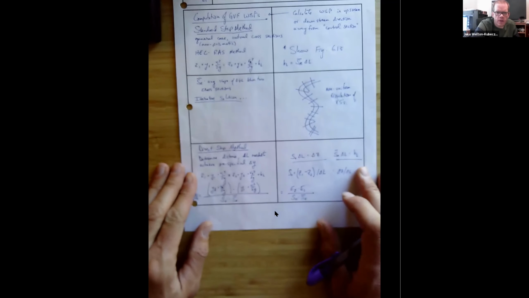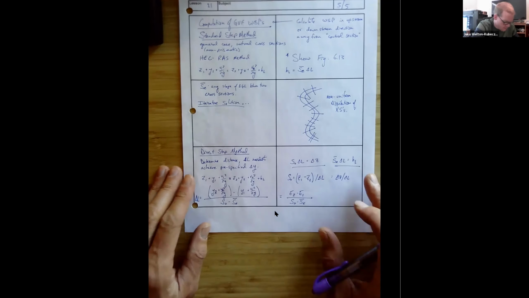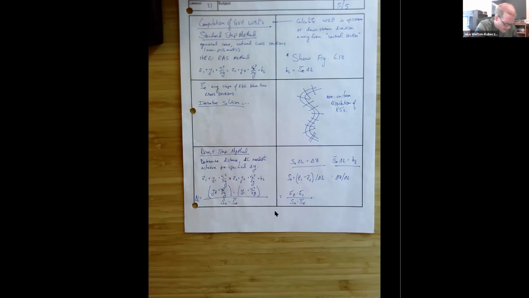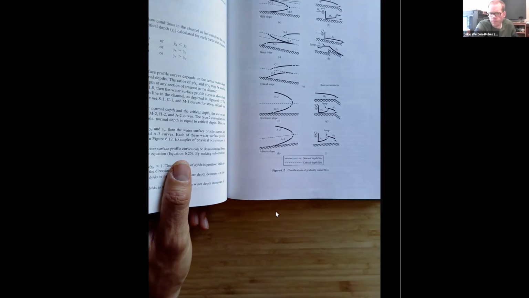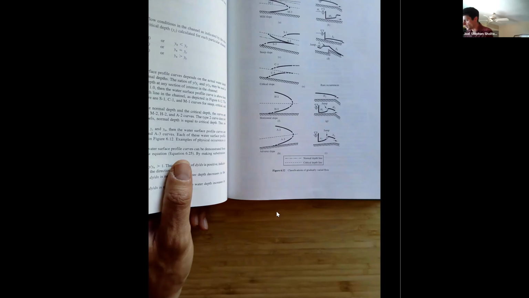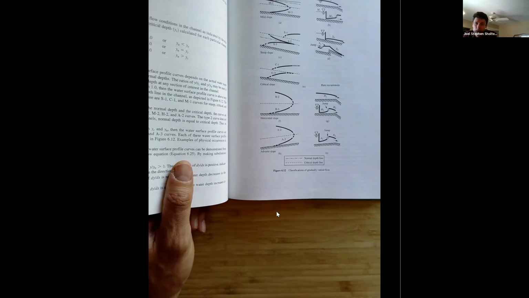So in the book's figure for those, in the horizontal slope, it only has a critical depth. Does that mean that the normal slope is 0 for horizontal? So for horizontal slope, I guess you don't have a normal depth.